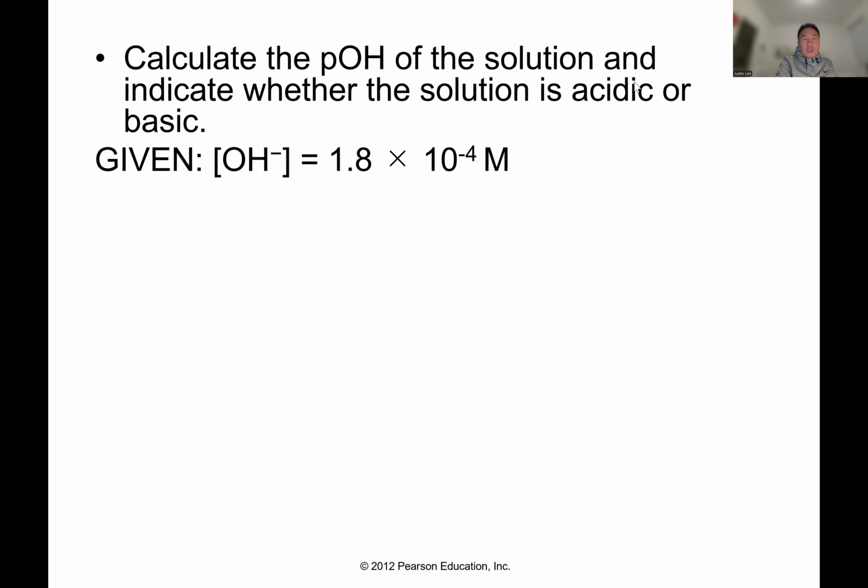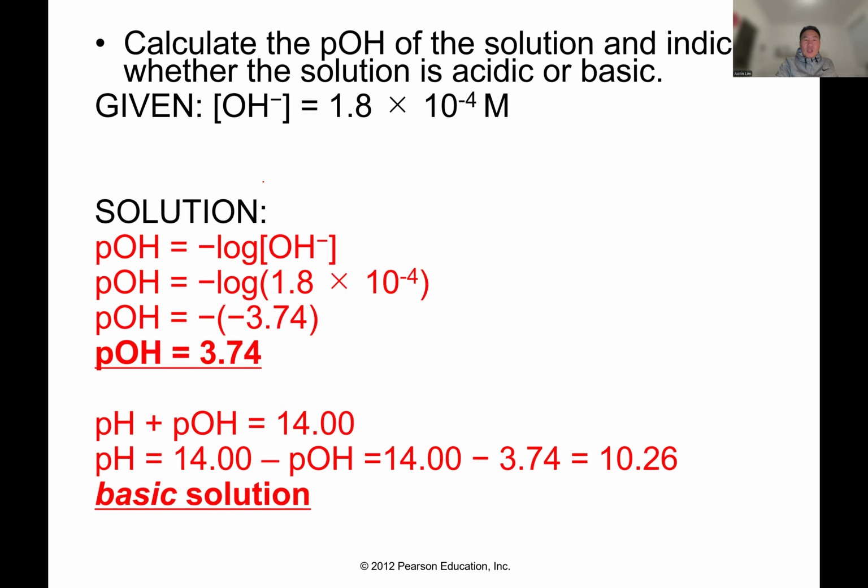Next, calculate the pOH of a solution and indicate whether the solution is acidic or basic. What is given? The concentration of hydroxide equals 1.8 times 10 to the negative 4th molarity. So insert the given number in the defined relationship.